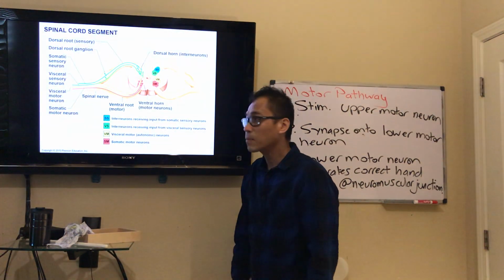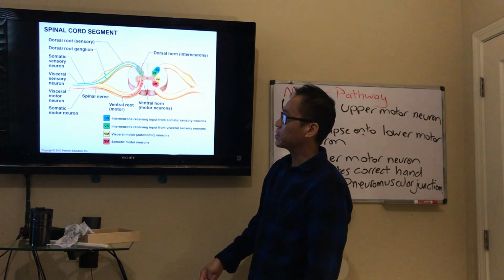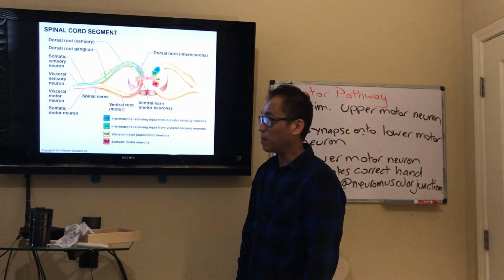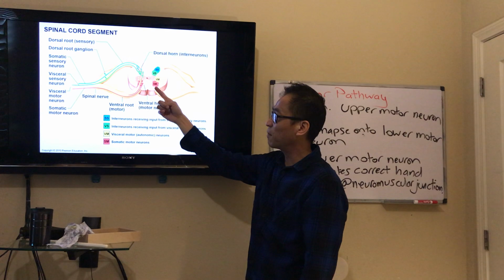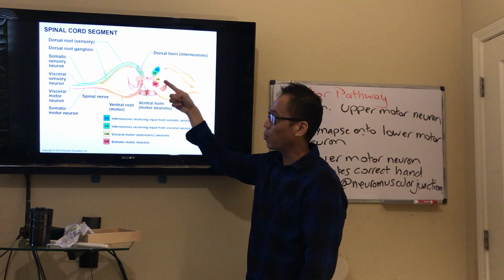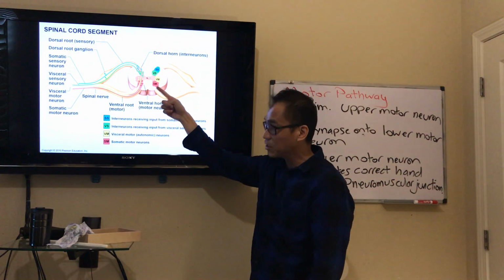Right here. The cell bodies of visceral motor neurons are in the lateral horn. The cell bodies of the somatic motor neurons are in the ventral horn. So again, visceral motor neurons, lateral horn; somatic motor neurons, ventral horn.